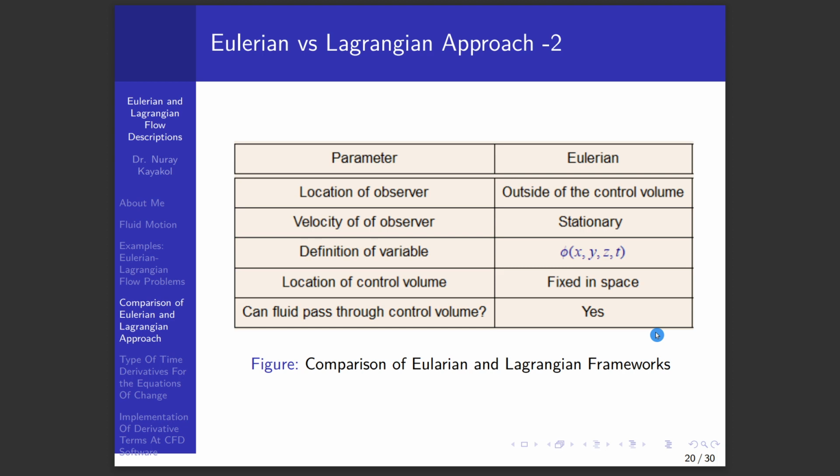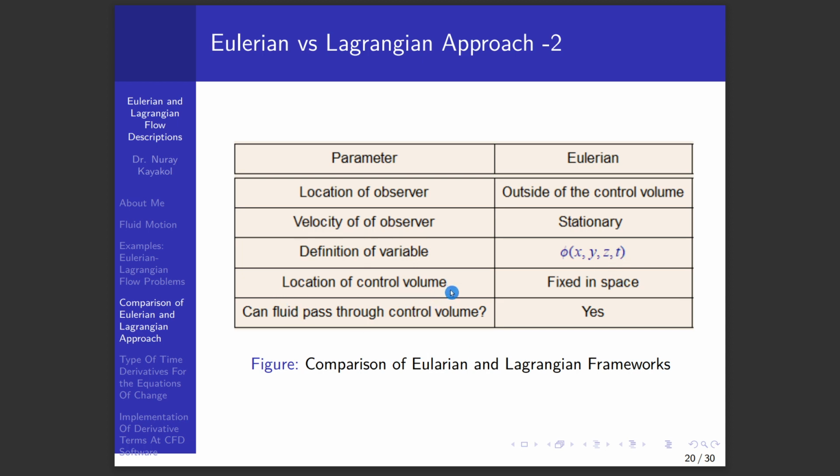Velocity of the observer: stationary, because again, remember the traffic flow example, the observer was standing nearby the highway. That means the position is fixed and it doesn't move. And the variable is defined depending on position. You see, if it is 3D, it will be x, y, z, and then time.